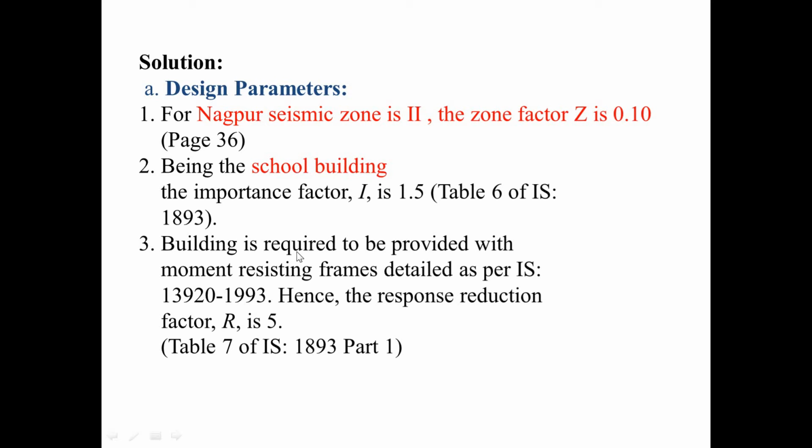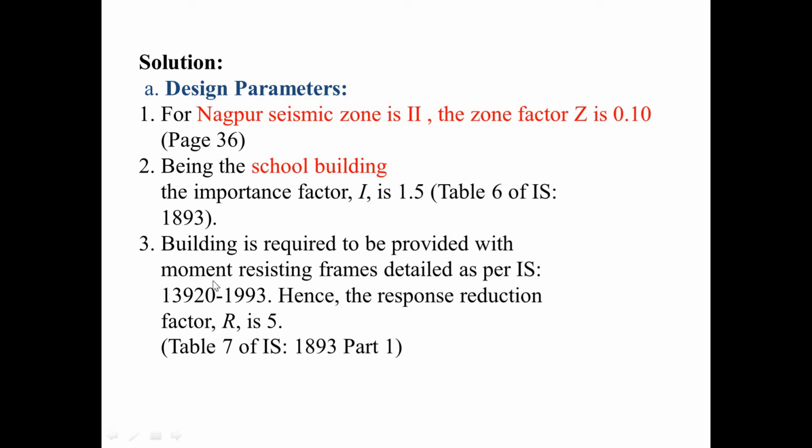Now third, the building is required to be provided with moment resisting frame detailing. In seismic design we can analyze our structure as per an ordinary moment resisting frame or as per an SMRF, special moment resisting frame. There are two options available as per IS 13920/1993, which is nothing but the ductile detailing code.